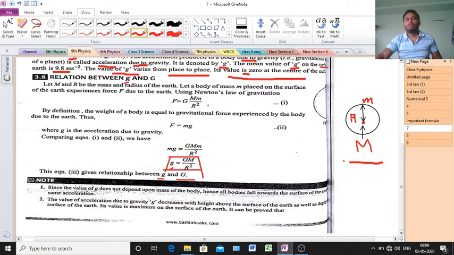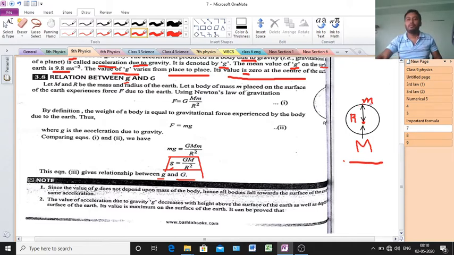If a body of mass small m, let's say this mobile with mass small m, and the mass of the earth is capital M, then there will be a force of attraction.